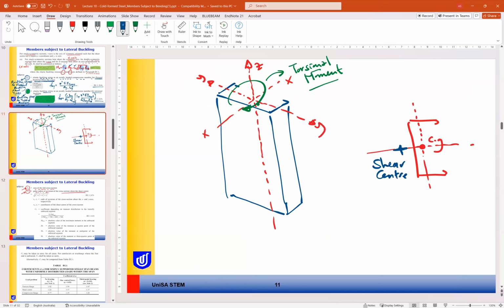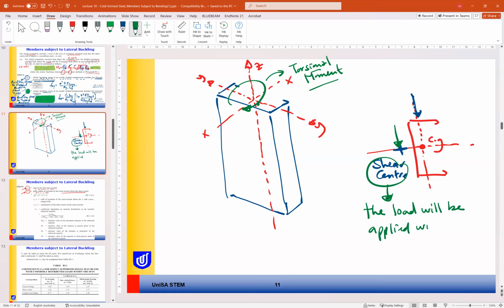If you apply a load at the shear center, the load will be applied without adding moment on the section. So this is the importance of the shear center.